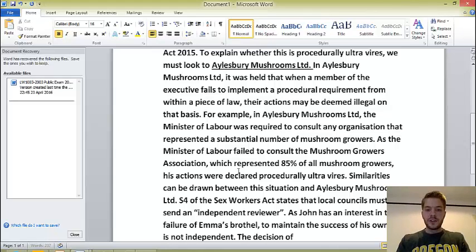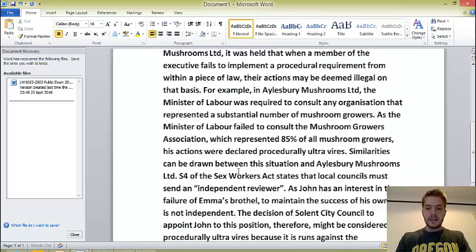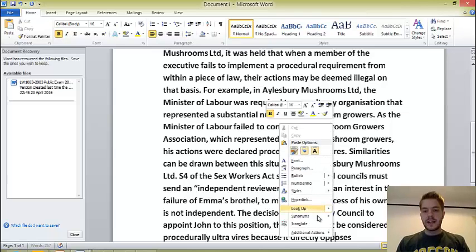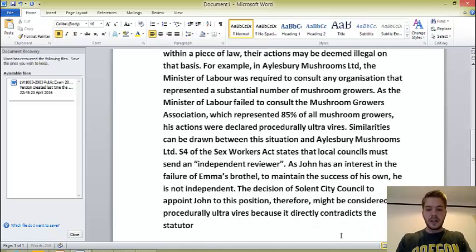The decision of Solent City Council to appoint John to this position therefore might be considered procedurally ultra vires because it directly contradicts the statutory provision.